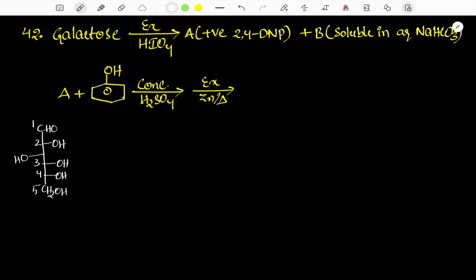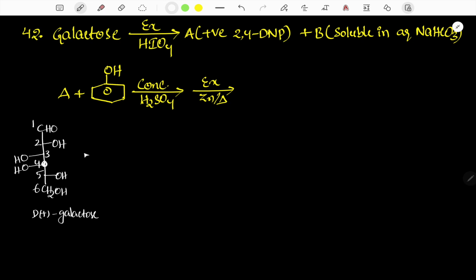Here the fourth carbon is 1, 2, 3, 4. So only at the fourth carbon the OH group must be exchanged. So it is D plus galactose.